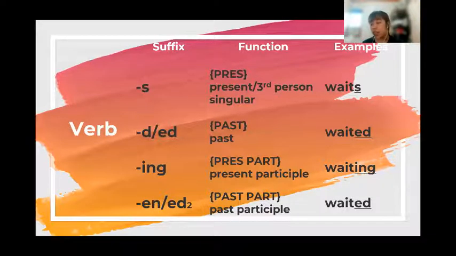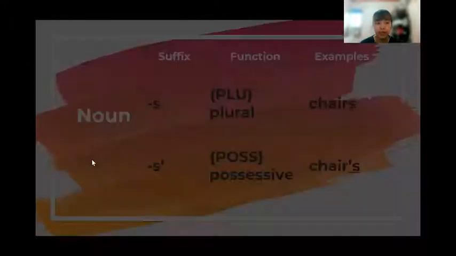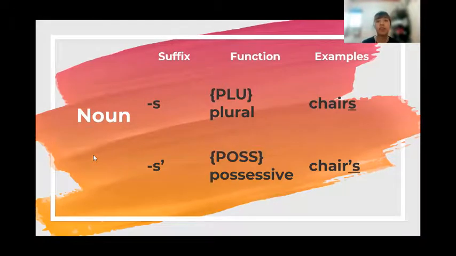So walang nag-change sa part of speech. Wait is a verb, waited verb pa din. So she has waited in the car for 2 hours. So the same lang. So there are only four inflectional morphemes for informing your verbs. So we only have 8 inflectional morphemes, 4 down, 4 to go.